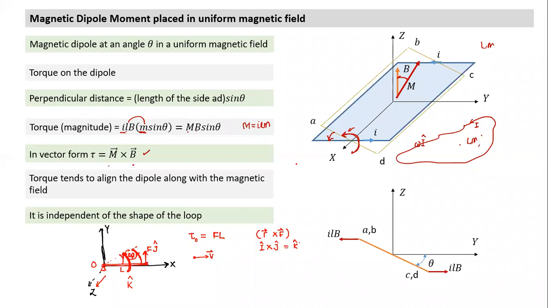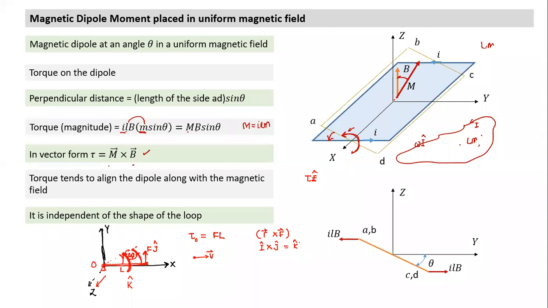So when we say torque is something like tau i cap, what does torque i cap indicate? It indicates the torque will rotate the object about the x-axis. You understand rotation about the x-axis. What is rotation about the y-axis? How would this shape look if I rotate about the z-axis?